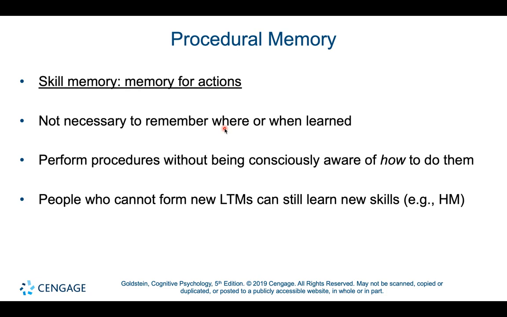It doesn't matter where or when you learned how to play the guitar. You know how to play the guitar. The memory for playing the guitar is actually independent of the memories about who, when, or where you learned the guitar, right? If you could delete all of those memories, you'd still be able to play the guitar.